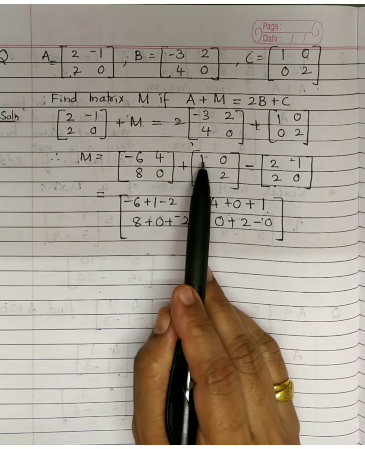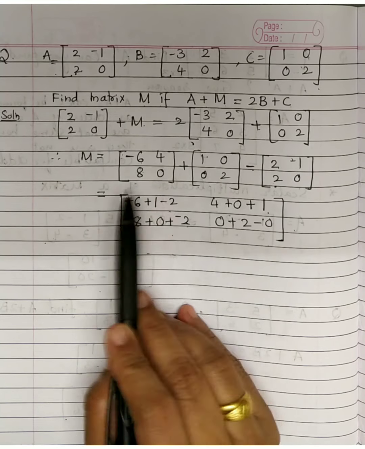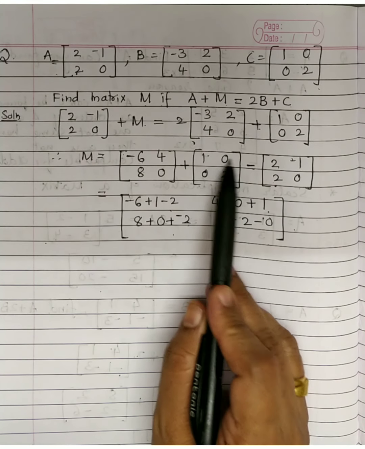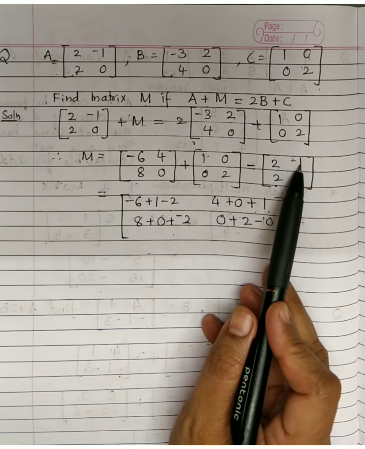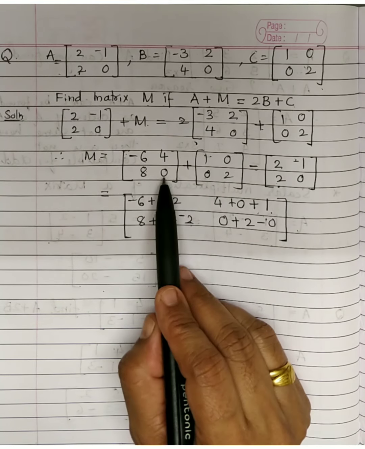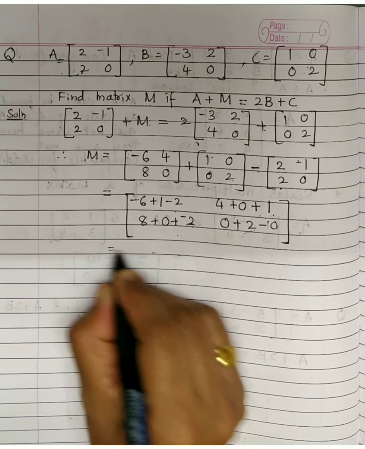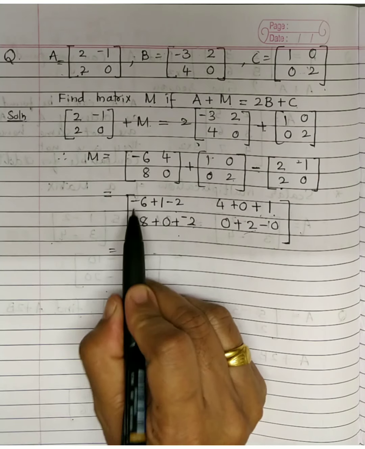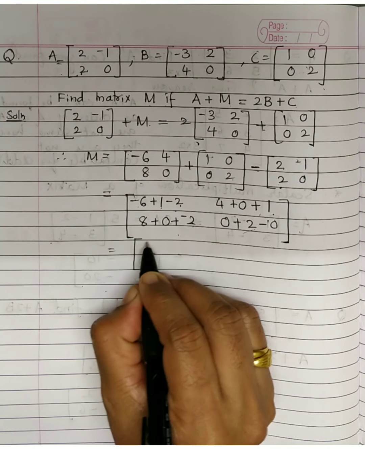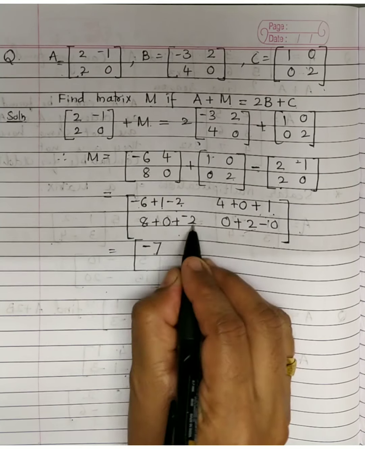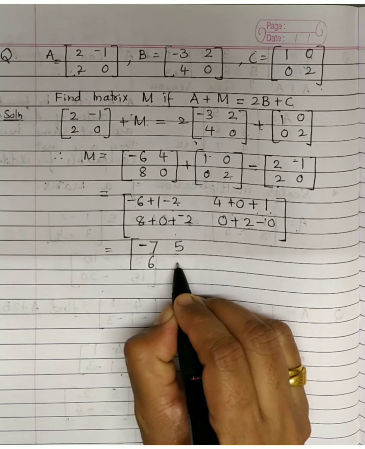Okay, minus 6 plus 1 minus 2, 8 plus 0 minus 2, 4 plus 0 minus 1, so what it will be? Plus 1. Then 0 plus 2 minus 0. Minus 6 plus 1 minus 2, what it will be? Minus 7. 8 minus 2 is 6, 4 plus 1 is 5, and this is 2.